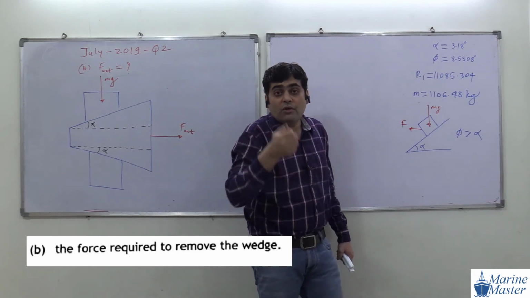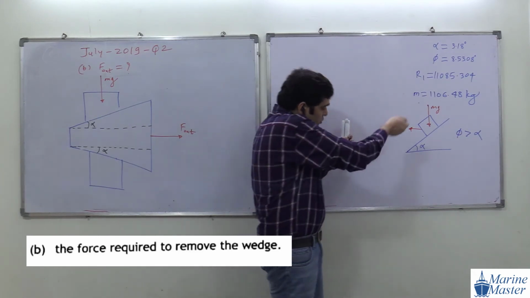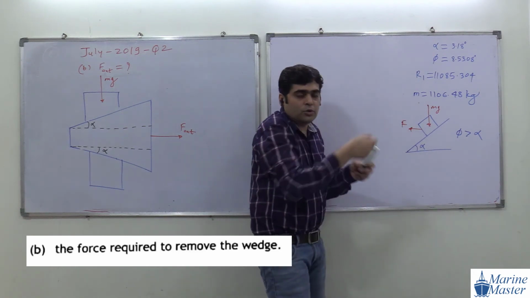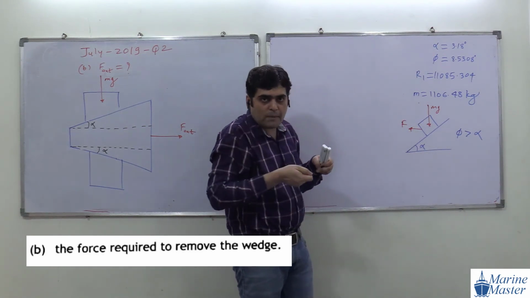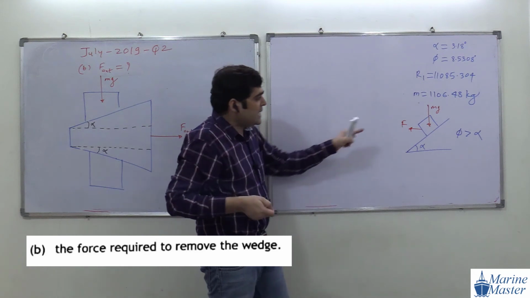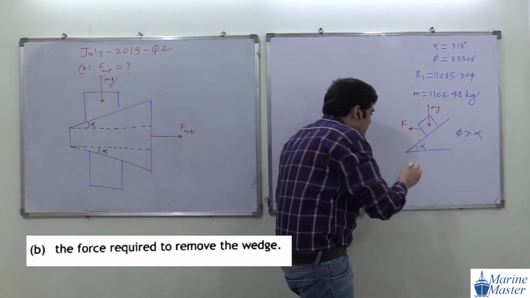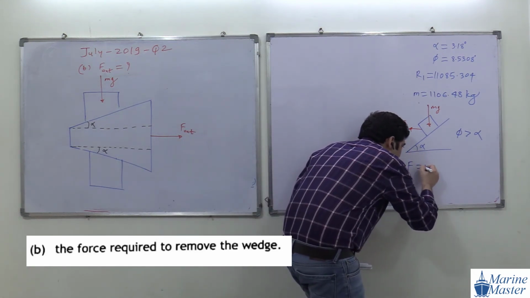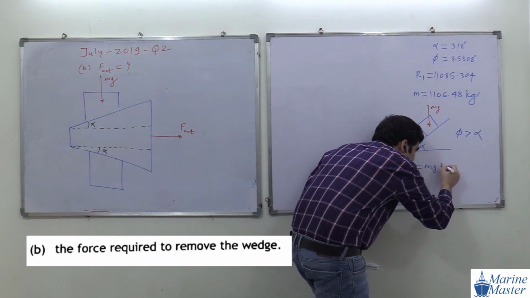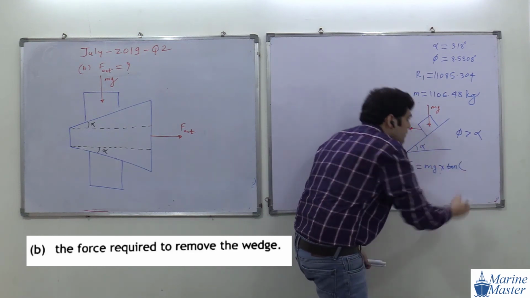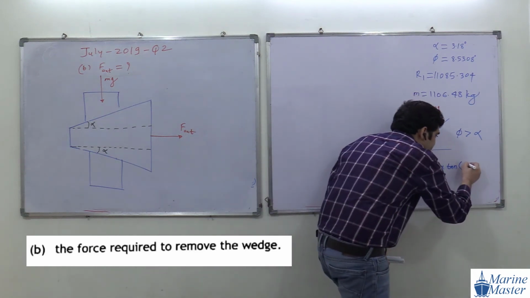What do we have to do to move the object down the plane? We have to apply force F. In this scenario, the value of force F is mg tan of phi minus alpha.